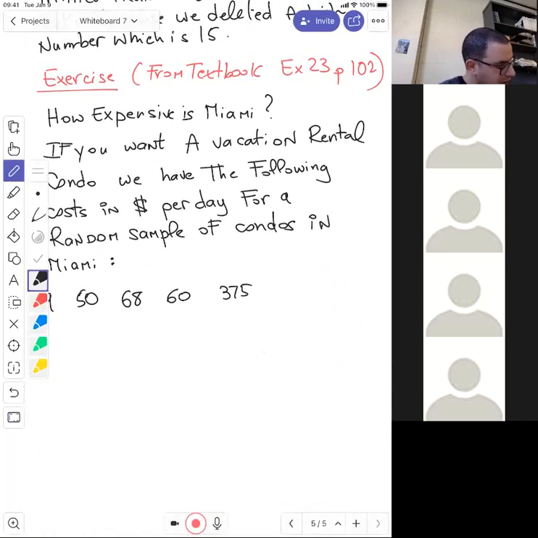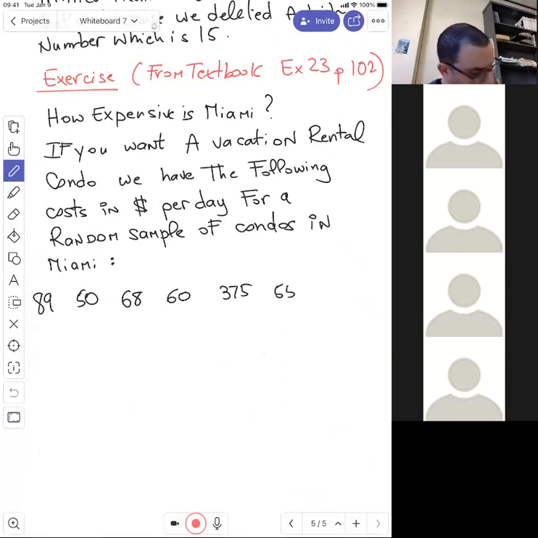We have this condo at $375 per day, very, very expensive, I guess. Then you have $55. We have 500, very, very expensive. 71. We have 40. We have $350 per day. 60. 50. 250.